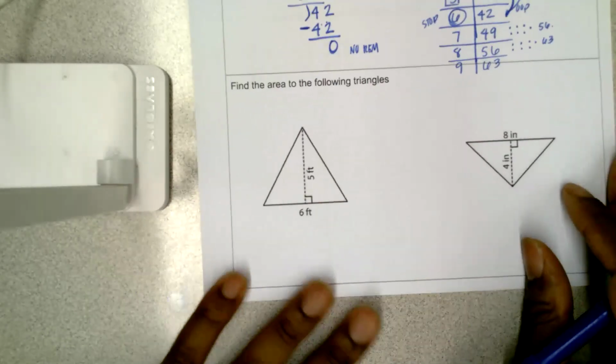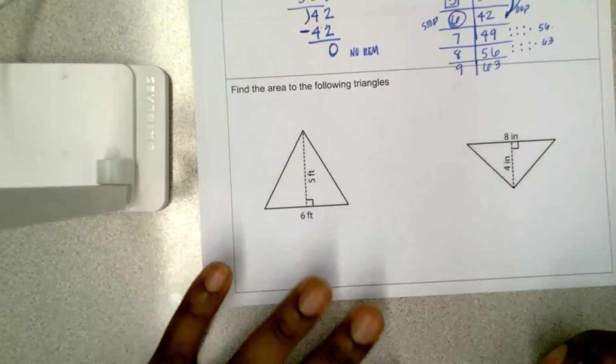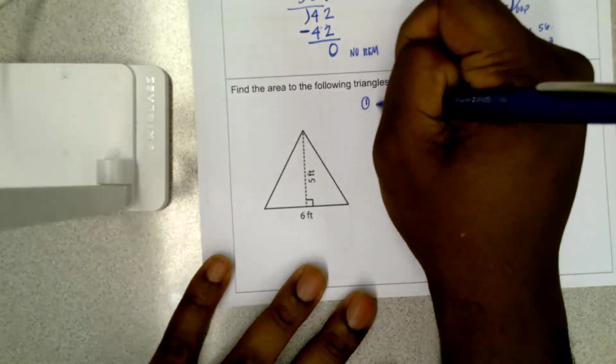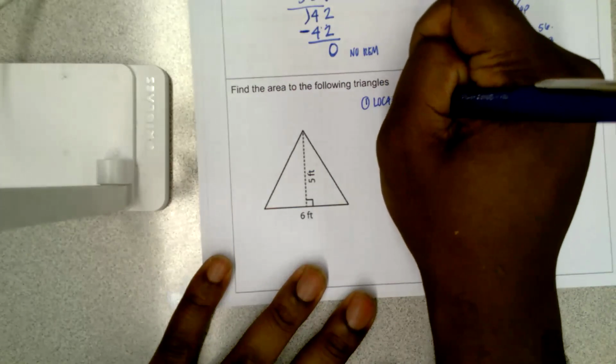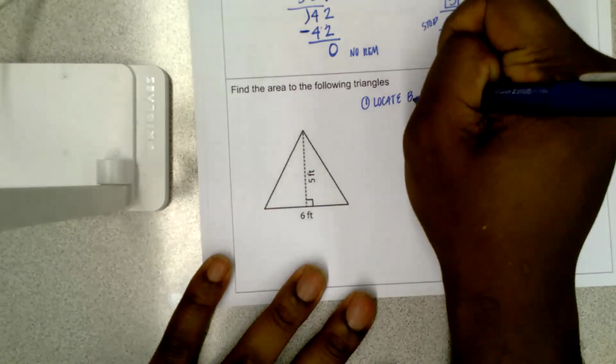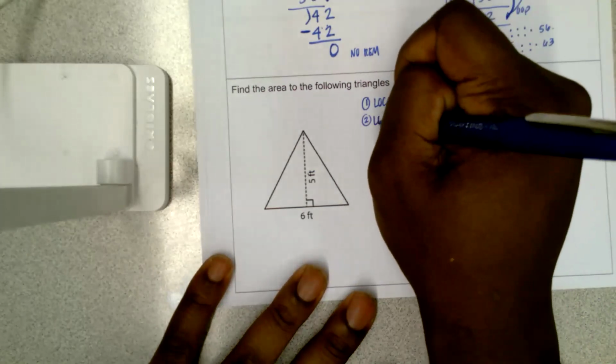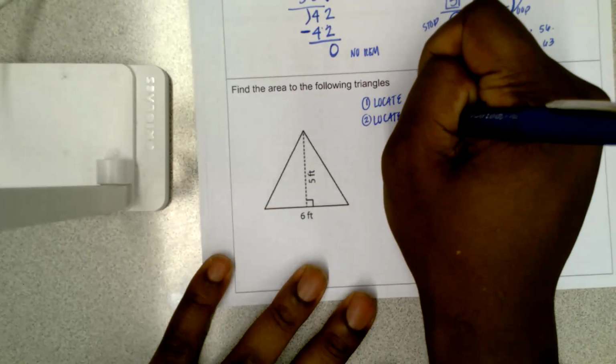So here we have to find the area of the triangle. We know step 1, locate base. Step 2, locate height.